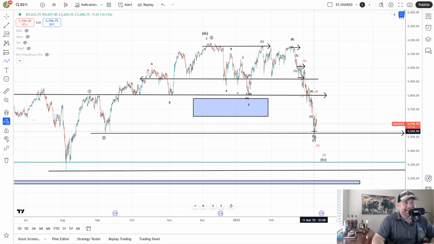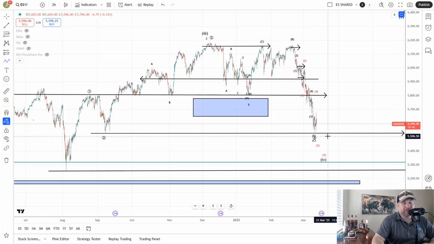If they cannot hold this wave 2 low, we would look for a breakdown toward the 5,400 region, actually 5,500, then 5,400 after that. 5,500 does have a nice level of support over to the left. So those would be our two levels to the downside that we're looking at before we see a rally. But again, I do think sooner than later we should see at least a relief rally before continuation of selling.